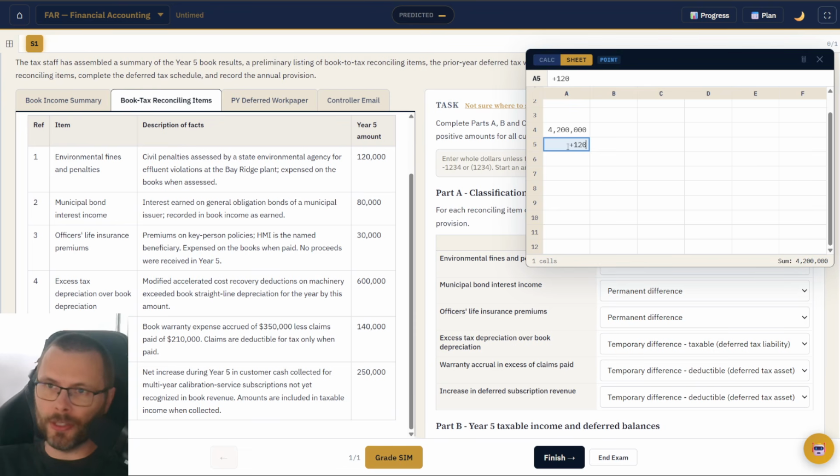So add the 120 back. 80,000 of muni bonds. The book income counted it, but the IRS never taxes muni. So you are allowed to take this out. The 80,000 should be removed from the book income of 4.2.